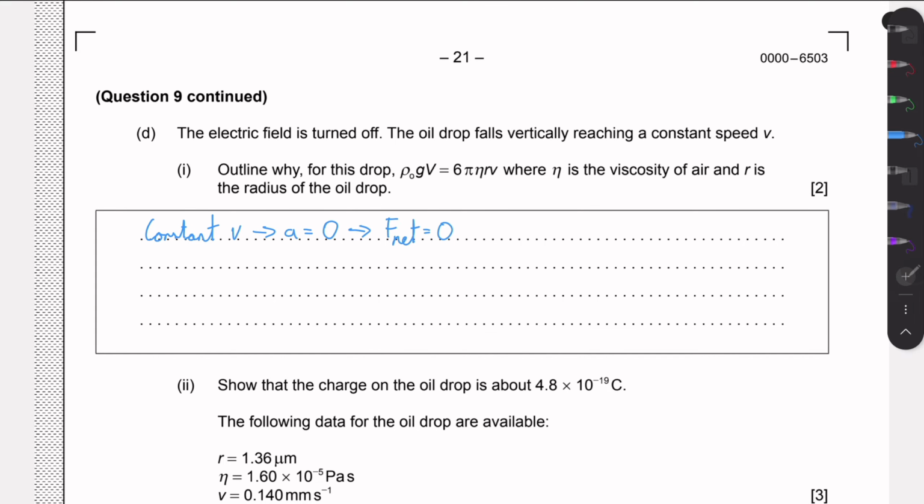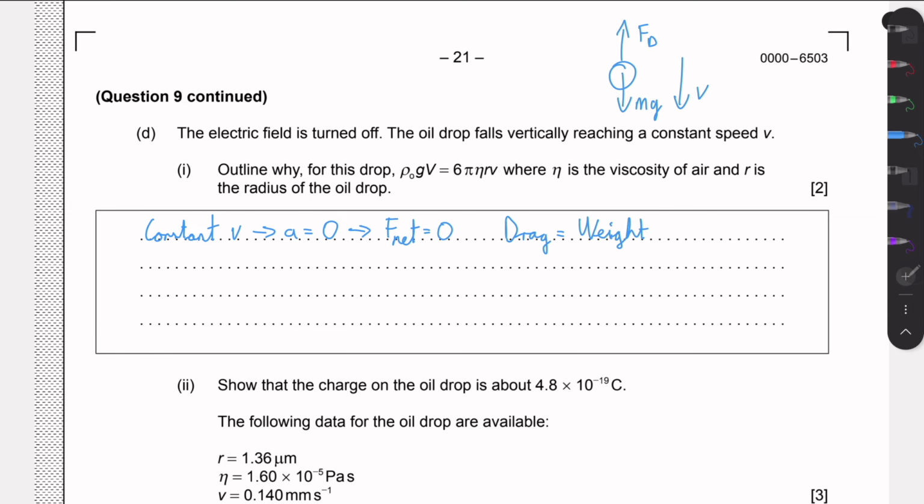And the electric field is turned off, so we just have the drag force being equal to the weight force. Drag force is just a resistive force, so it acts in the opposite direction to our velocity. So if our drop is falling downwards, mg is like this, v is like this, then the resistive force must be acting upwards to try and oppose the motion.